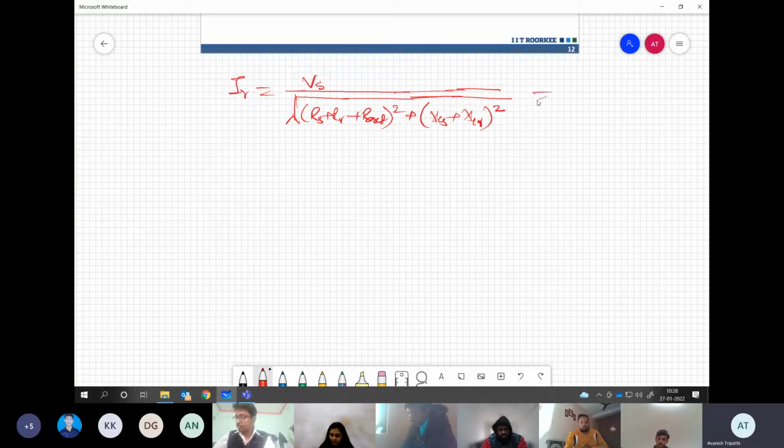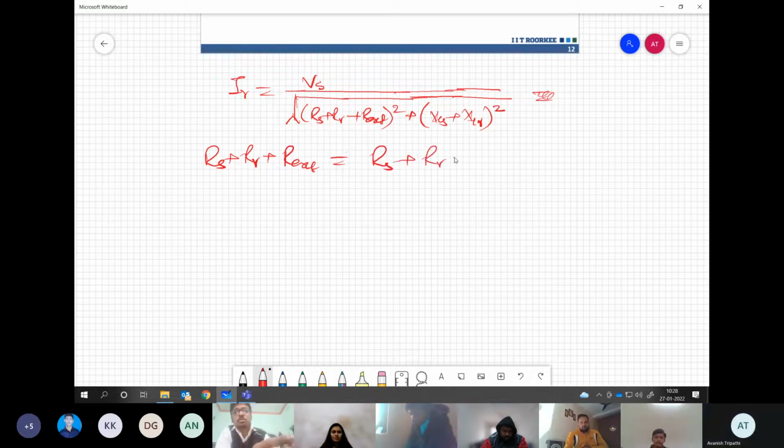Now again we can take out XLR from this, or maybe we can do some approximation here. So now if you see Rs plus Rr plus R external, this is nothing but, if you first write the actual value, R external is 2XLR minus RR. So basically this is coming out to be Rs plus 2XLR.